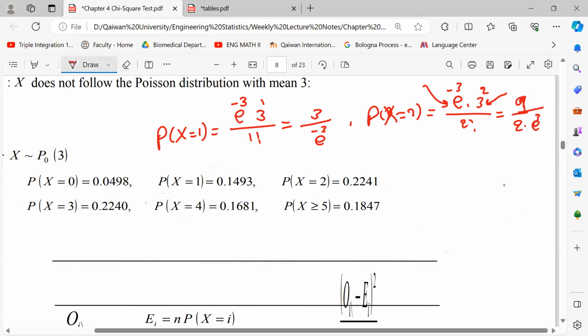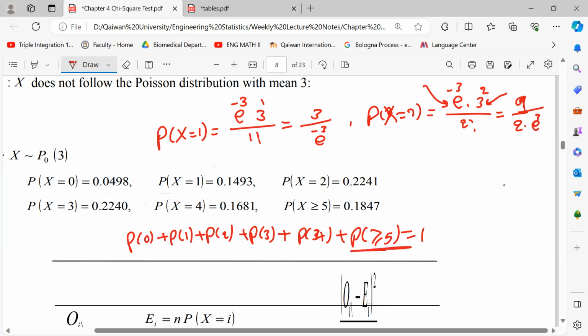We found probabilities from 0 to 4. To get the probability of greater than or equal to something, we say the sum of all probabilities must be 1. Probability of 0 plus probability of 1 plus probability of 2 plus probability of 3 plus the rest must be 1.